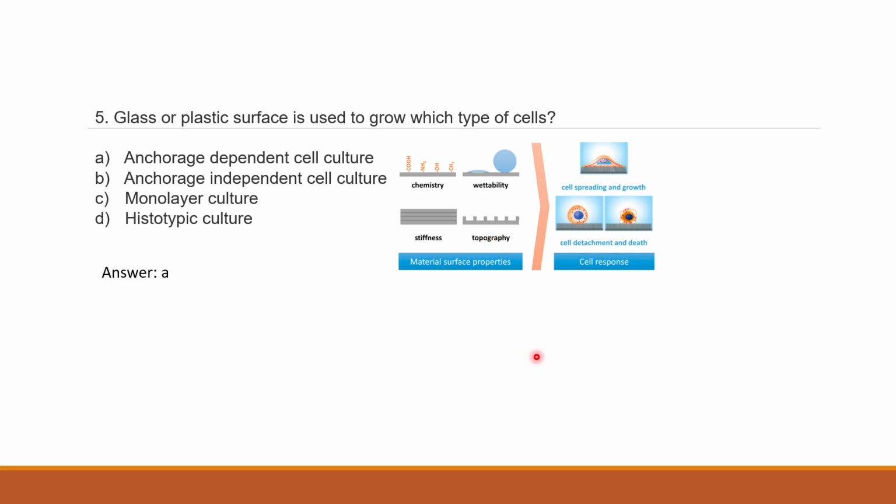Now, how does the cell respond to this? Depending on the surface, your cell will spread and grow differently. Like I said, the chemistry of the plate, the wettability of the plate, and the stiffness will play a major role in how much your cell will spread over the surface. Your cells will have a particular morphology.